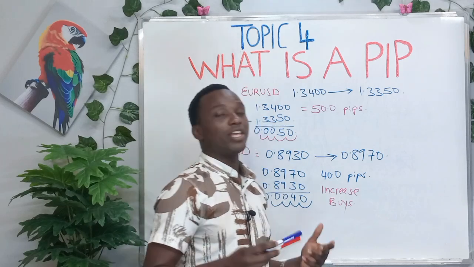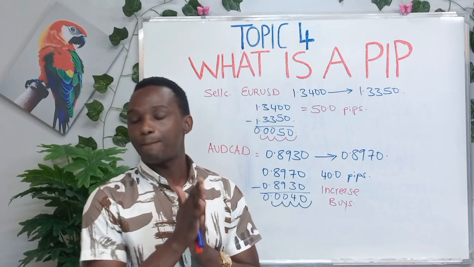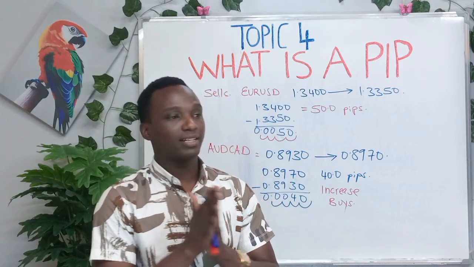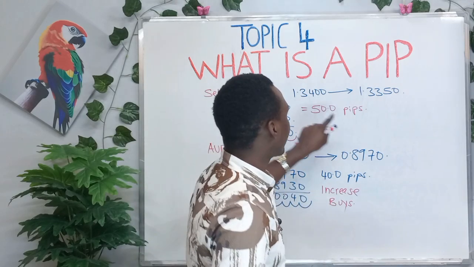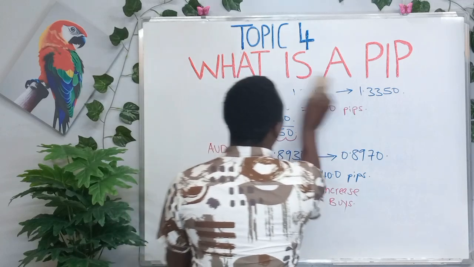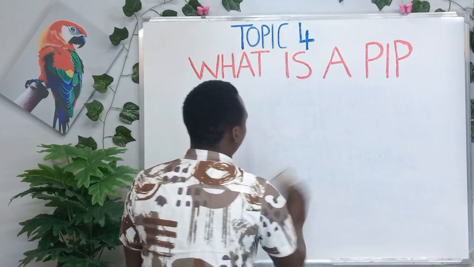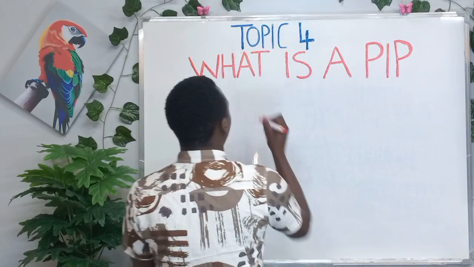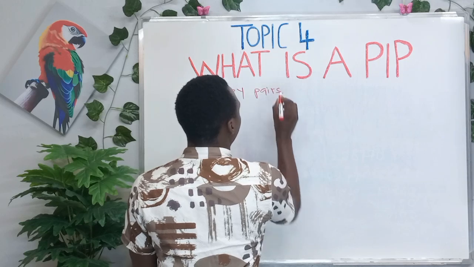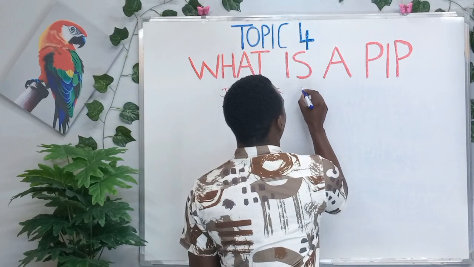Good. Now we are going to look at a very special case: JPY pairs. AUD/JPY, GBP/JPY, CAD/JPY. They are not expressed to 4 decimal places. What decimal places are they expressed to? I'm going to tell you right now. JPY pairs are expressed to 2 decimal places.